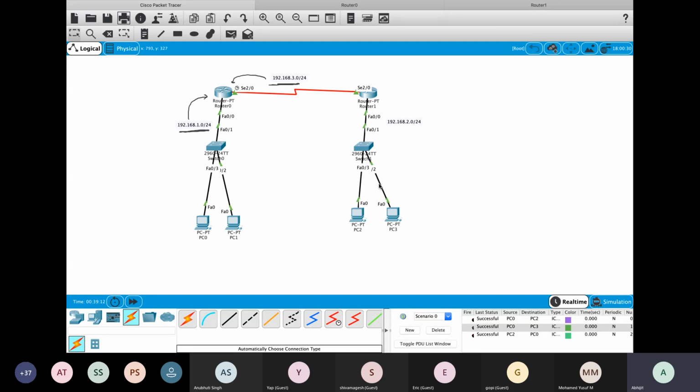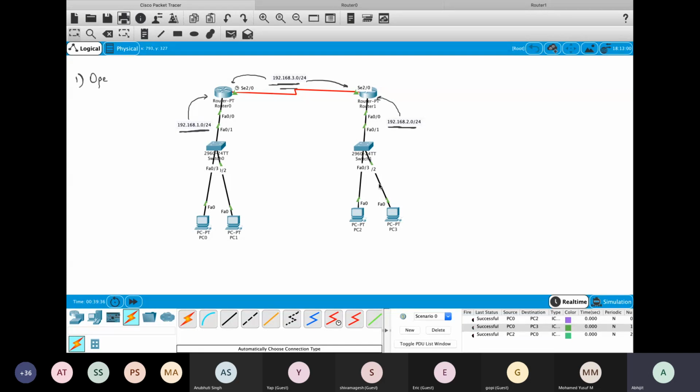And then you can also get to know that 2.0 and 3.0 are known to this router, which means both the routers actually have a common network, which is 192.168.3.0. You get that?